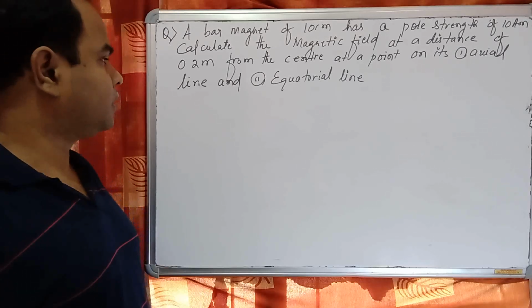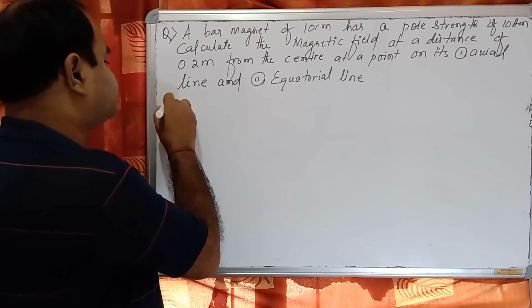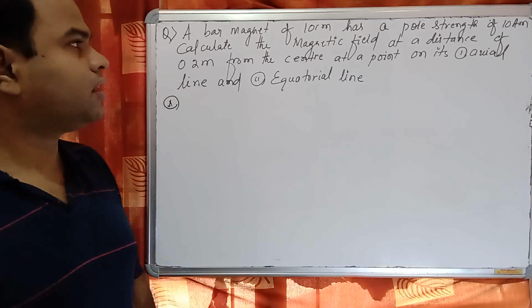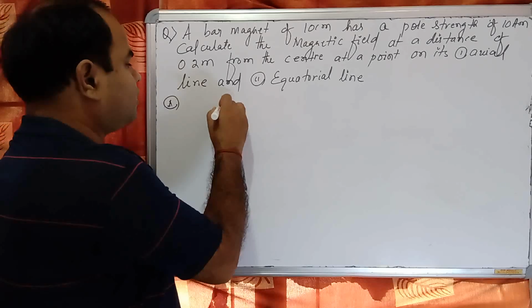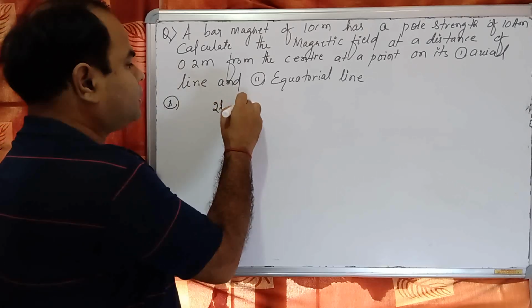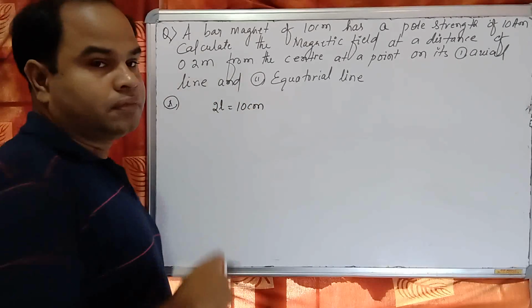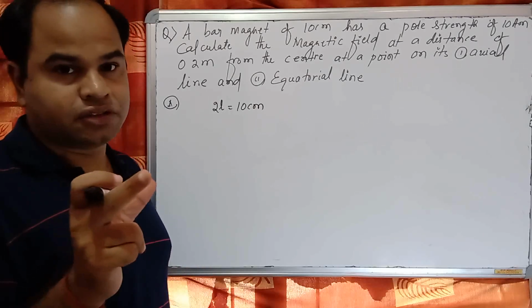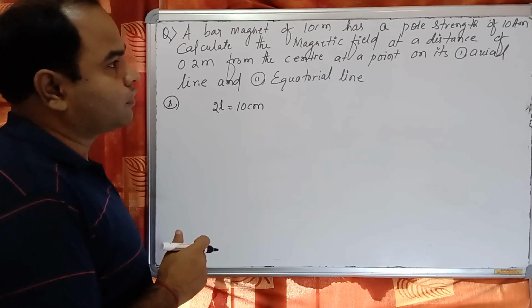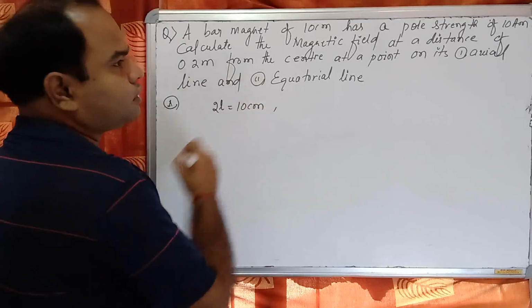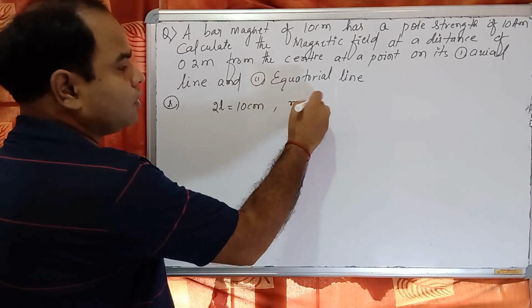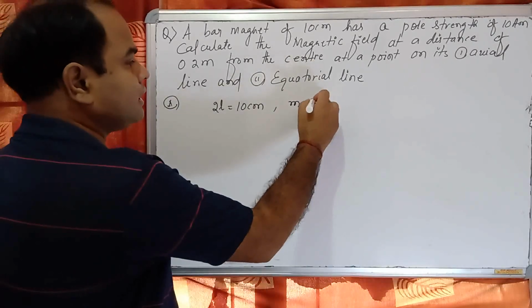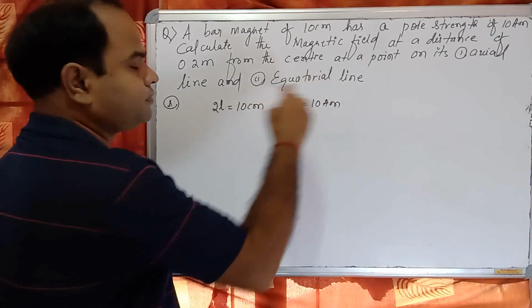So again, this is a bar magnet of length 10 cm. So the length of the bar magnet, that is 2L, is equal to 10 cm, and the pole strength of the bar magnet is 10 ampere meter.